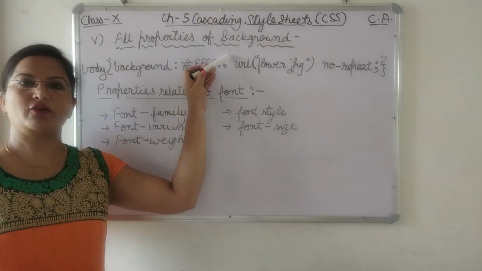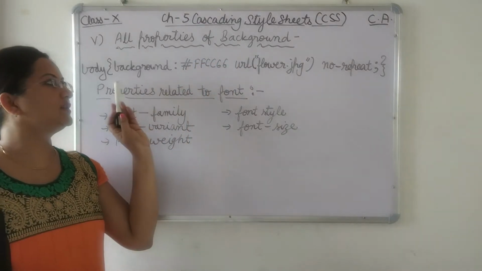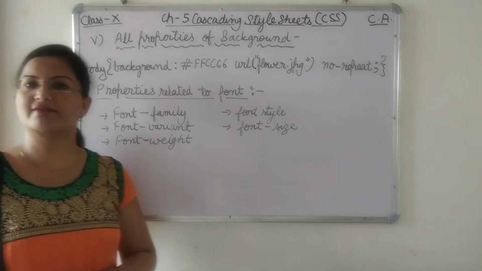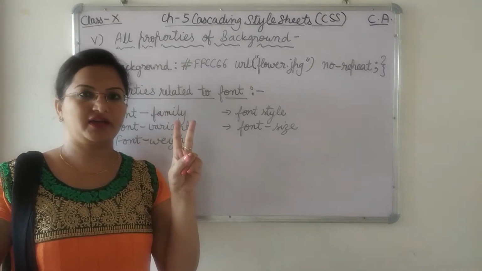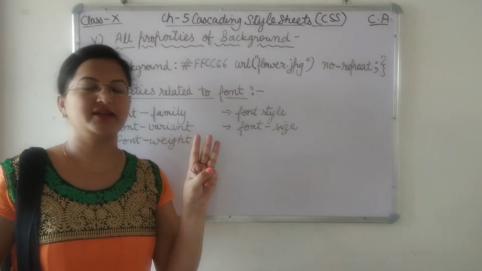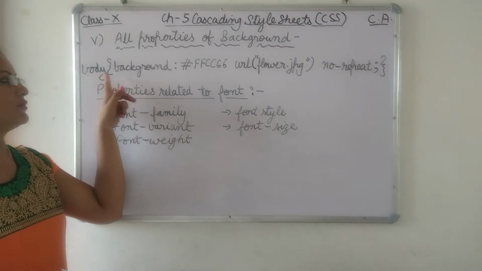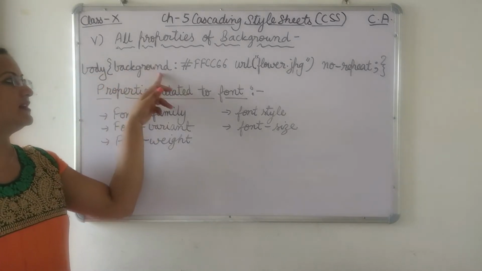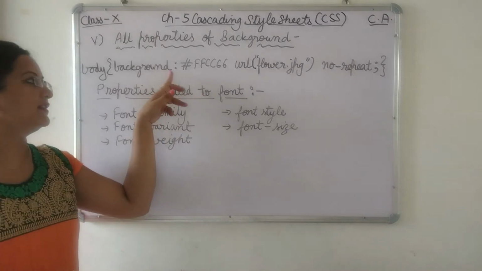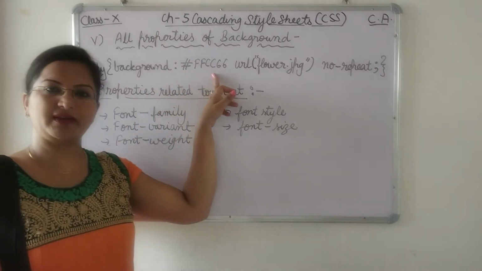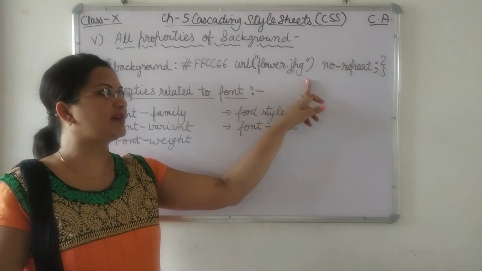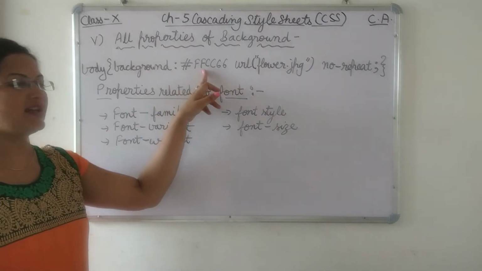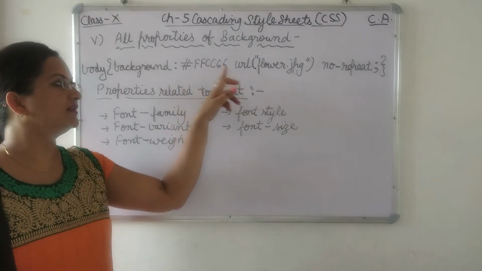If you have to specify all properties of the background, then you can use the three values together with the background property. Till now we have studied background color, background image and background repeat. If you want to combine all three, then you can simply write the element name here, then curly bracket, then only background, then colon, then specify the background color, specify the background image, and write no repeat, etc. This is the hexadecimal value of the background color.